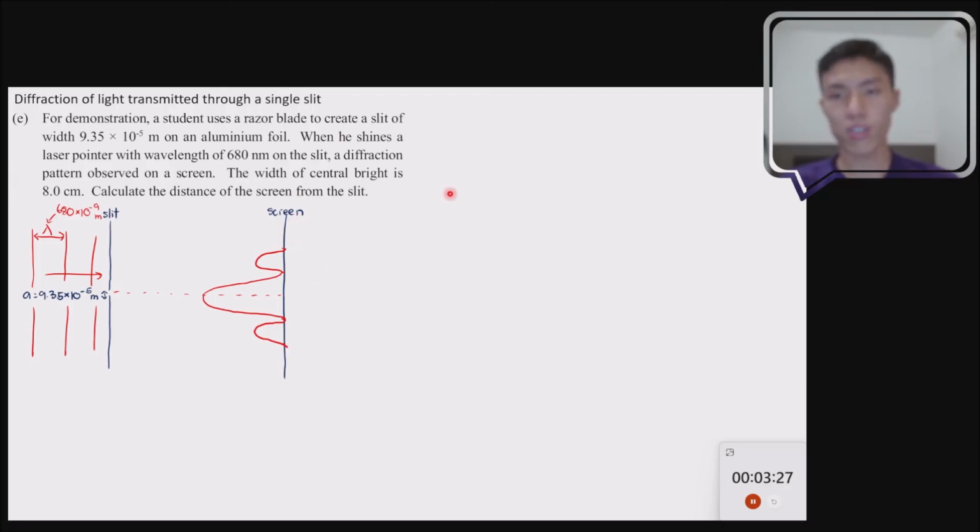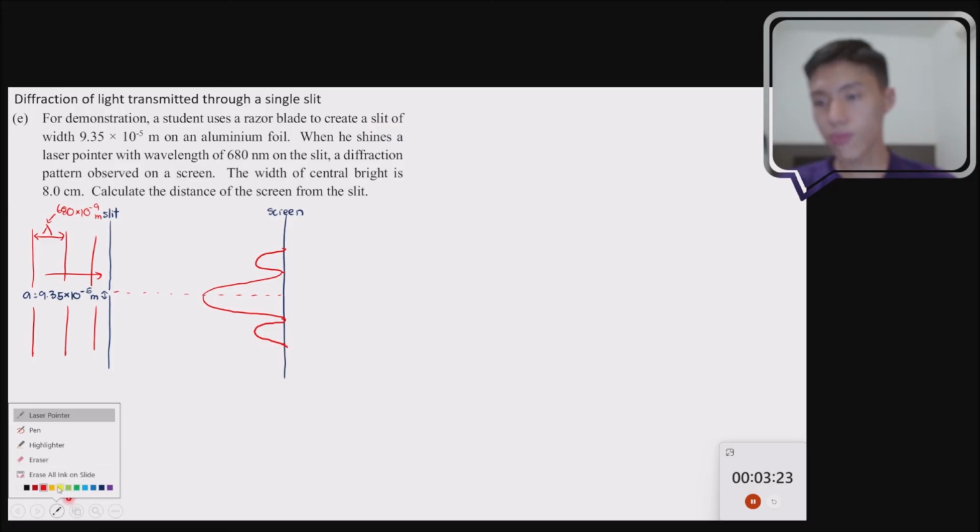So this is a diffraction pattern. And they say that the width of the central bright is 8 cm. So this is the central bright, and the width should be within these two lines over here. So this is 0.08 meter.